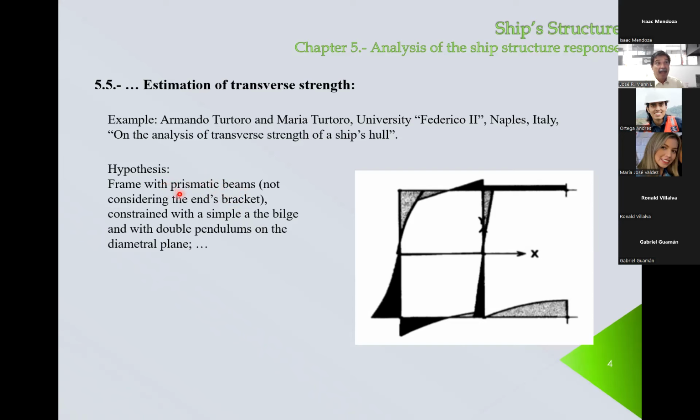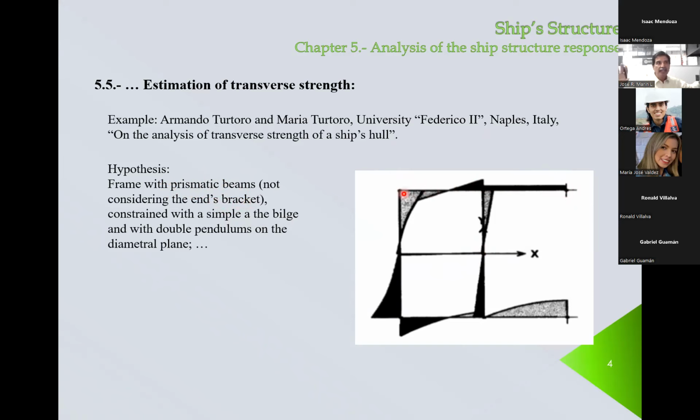The same along the length. It's a constant section, yes. So that means that from here to here, the inertia is the same. From here to here, the inertia is the same, etc. And what they say is that they do not consider the end bracket. In the connection between the deck frame and the side frame, you usually include a bracket.